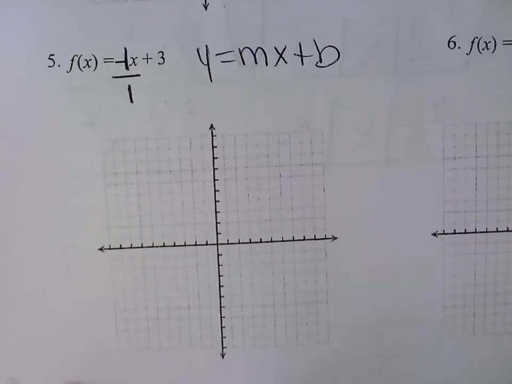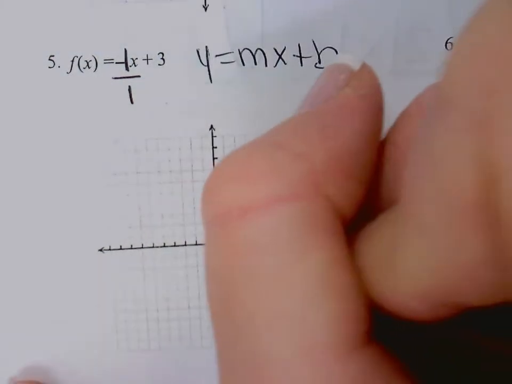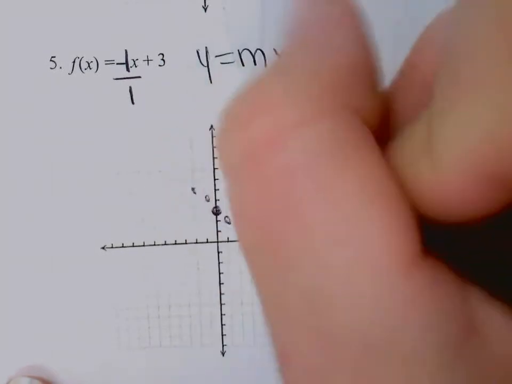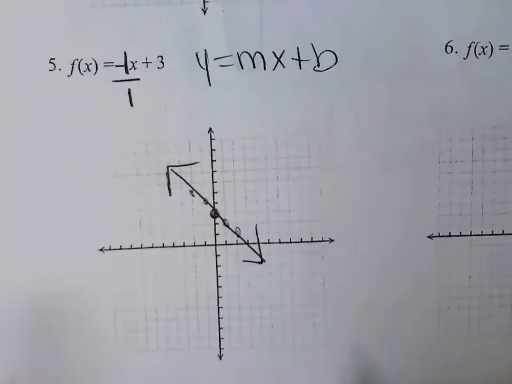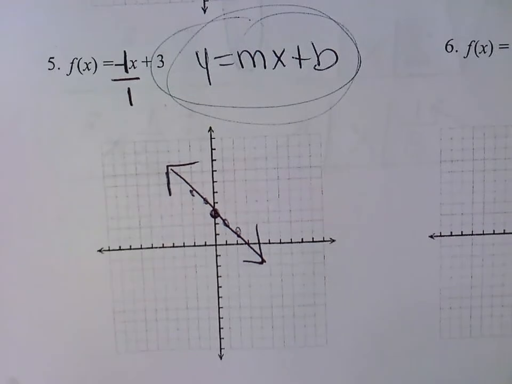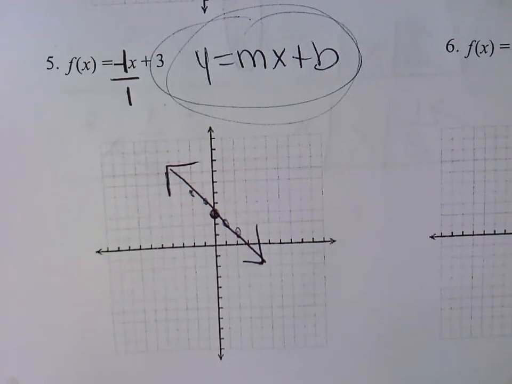So I skip transformation rules with linear. I just know that I'm going to start at +3 on the y-axis and go down 1 over 1. So there's my line through a y-intercept of 3 with a slope of -1. So linear functions are important. I don't want you to not know how to do a linear function, but you can do all these other more complicated functions.